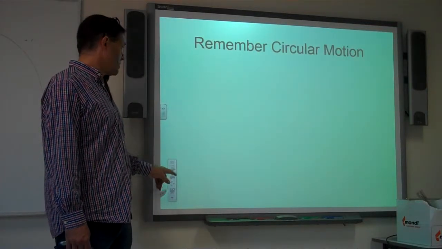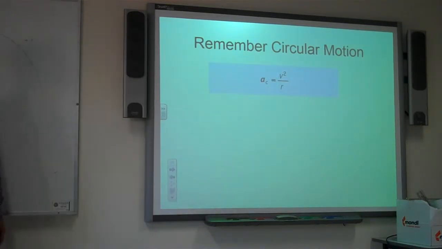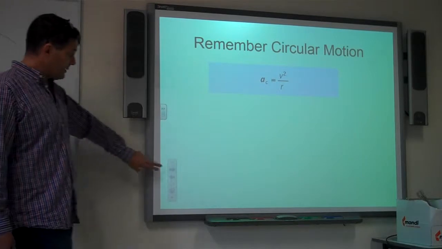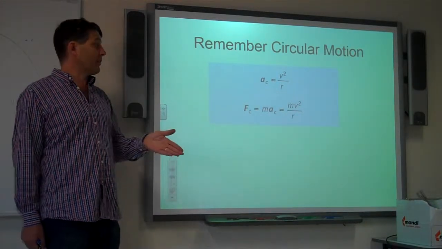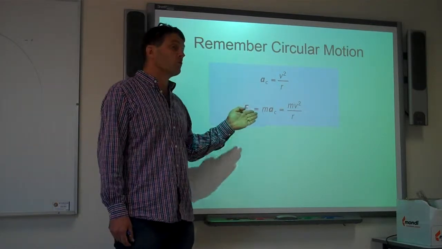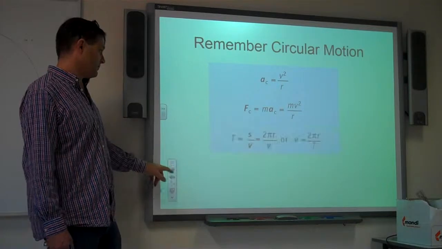Okay. So remembering circular motion, your centripetal acceleration is equal to v squared on r. So therefore, since force equals mass times acceleration, the centripetal force is equal to m v squared on r.